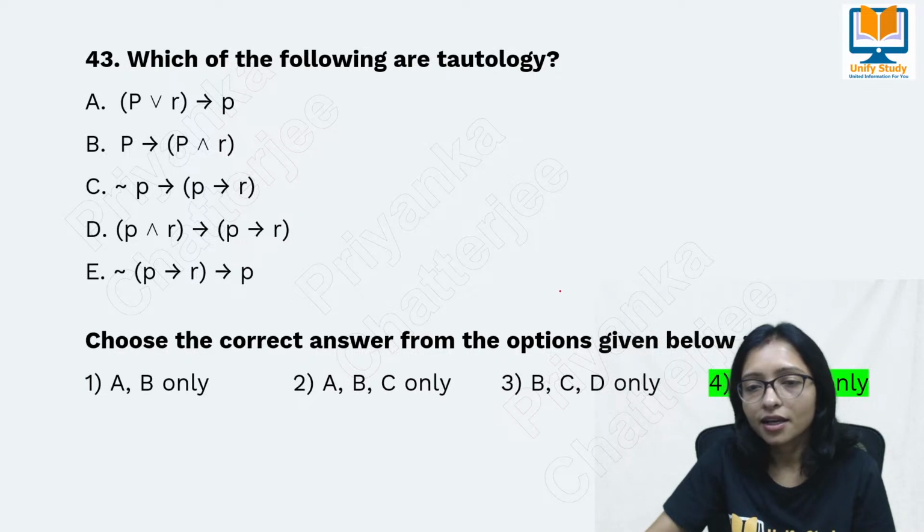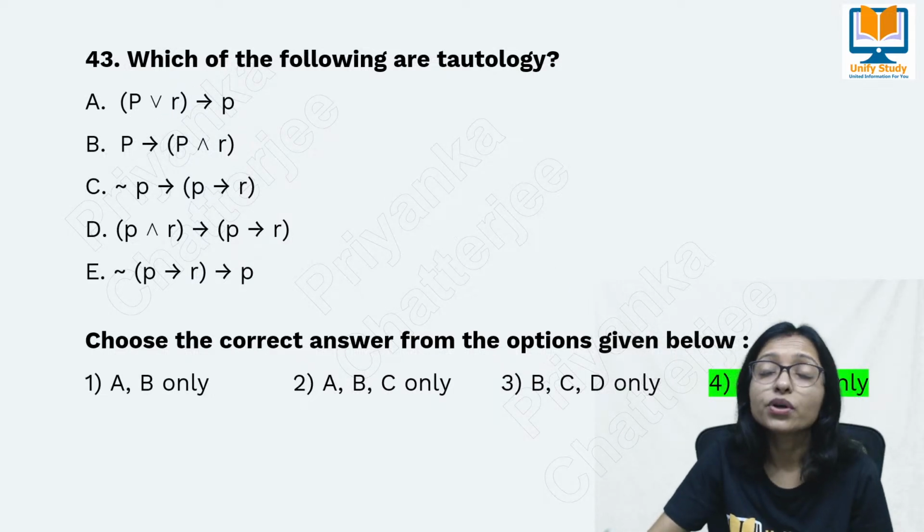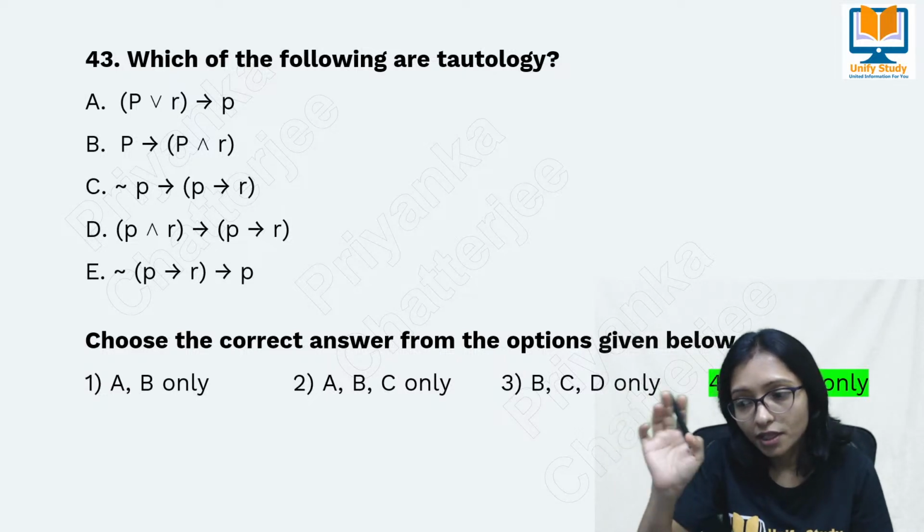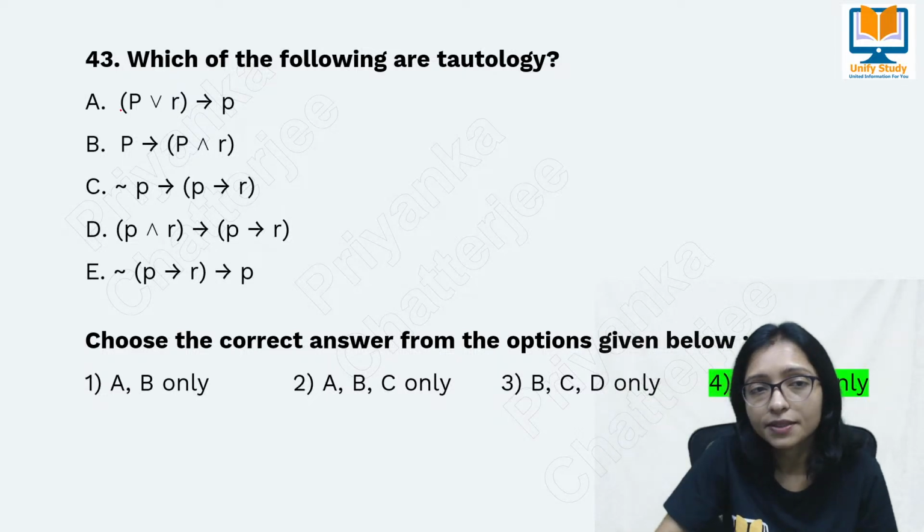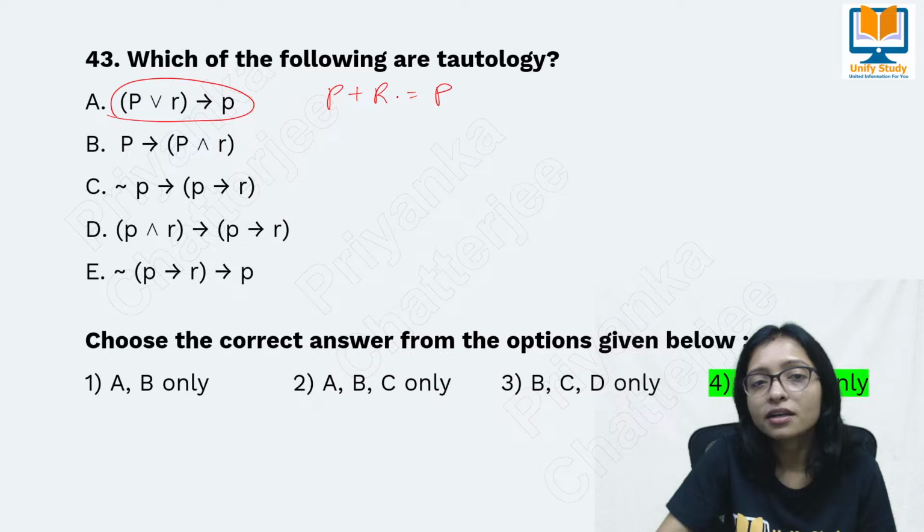See how to solve. Here you need to think logically. Think logically, that will be easy. Here the meaning is: if P plus R together is true, then P is true.